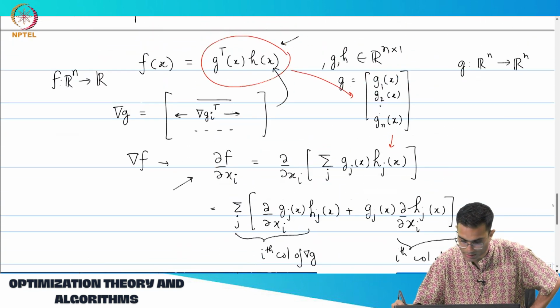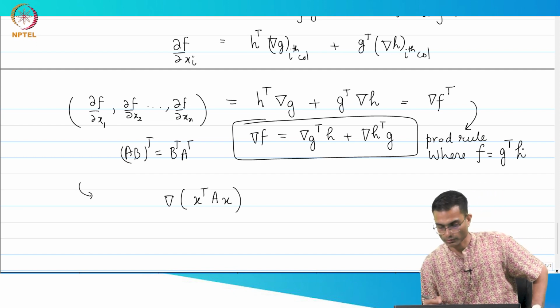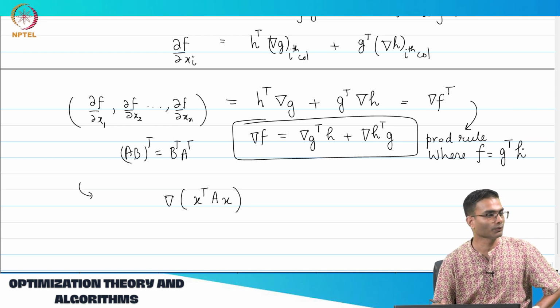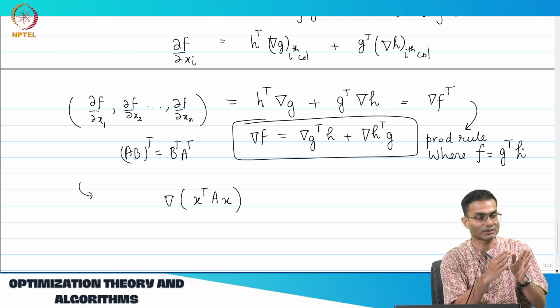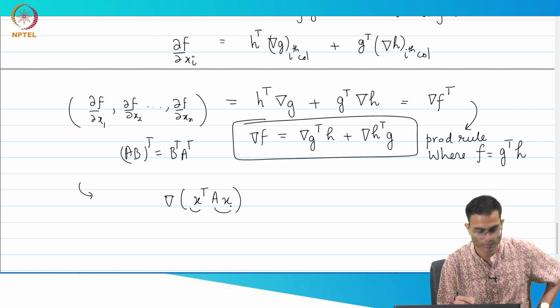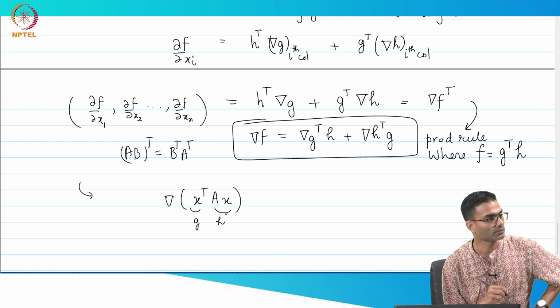And let's just remind ourselves that f was g transpose h. That was the product rule. So what can we very simply do? I need to just identify this as something transpose multiplied by something. So the easiest thing is, this can for example be my g, this can be my h.